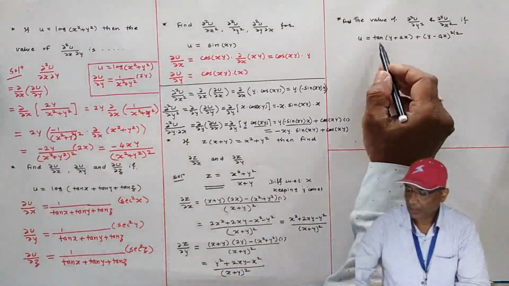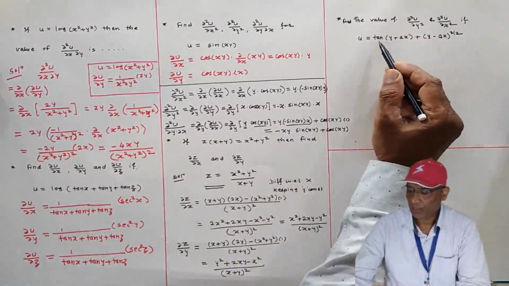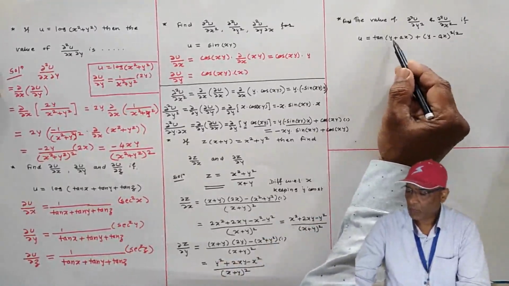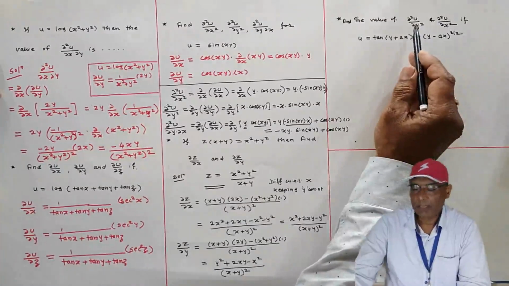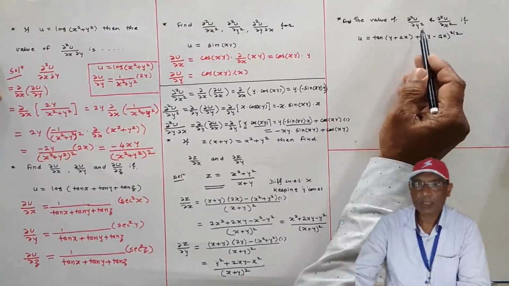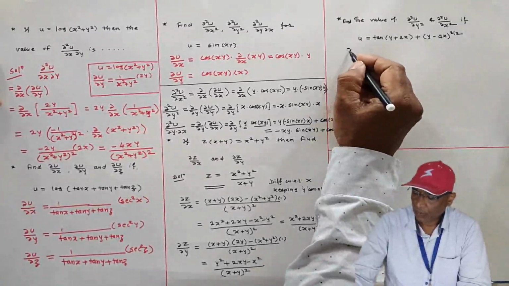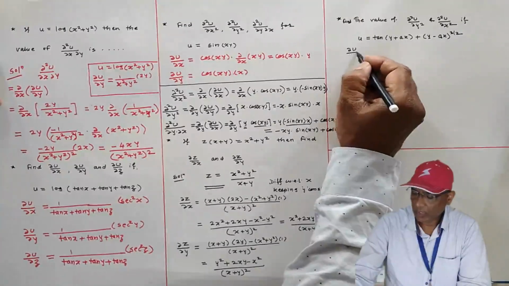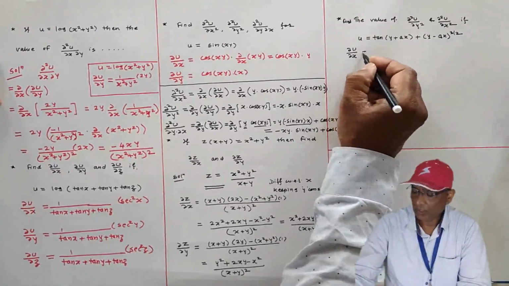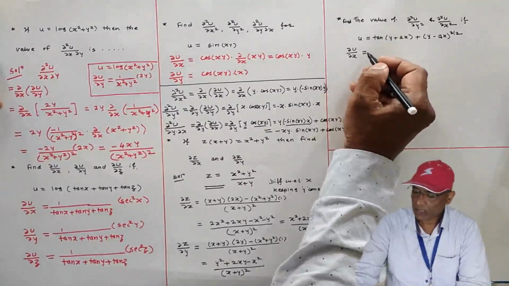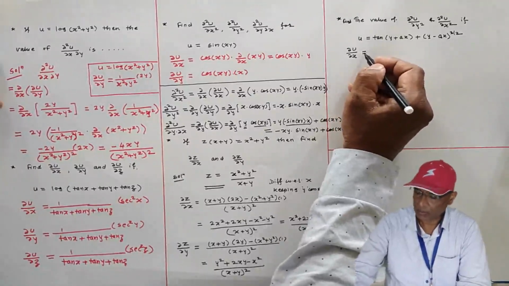Now, here in this function, u is given in terms of x and y. Find the double derivative of u with respect to y, and the double derivative of u with respect to x. So I am going to find del u by del x first. Del u by del x means derivative with respect to x keeping y constant.